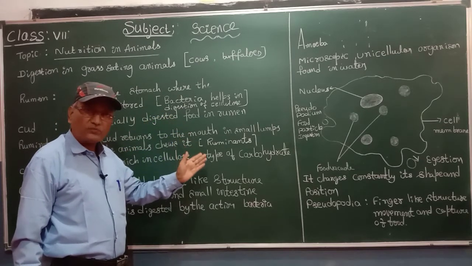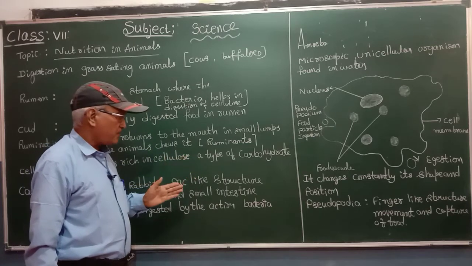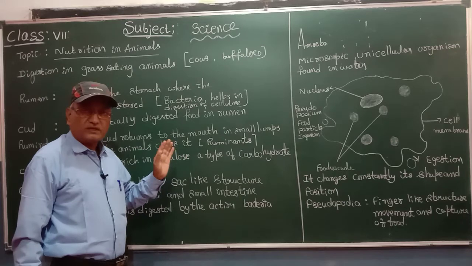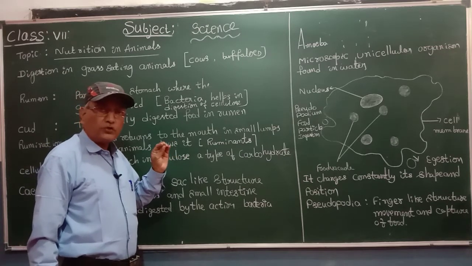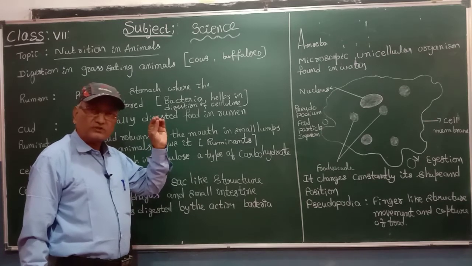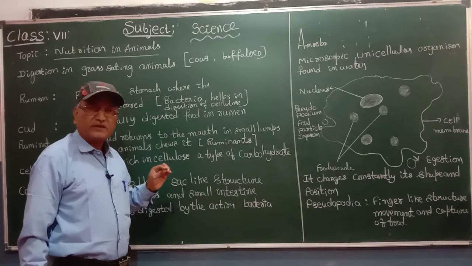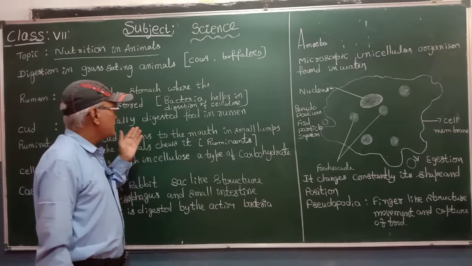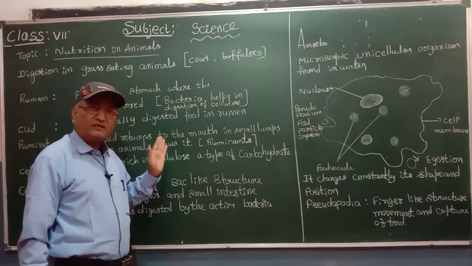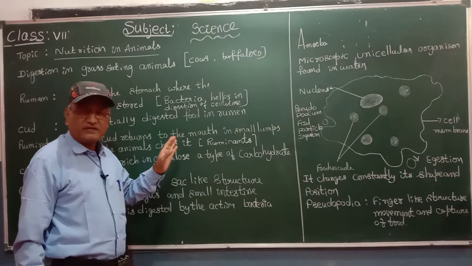Now next, we have studied in the previous part the digestive system in human beings, 6 different compartments. All those things I have explained in detail. You understood. The human digestive system has 6 compartments. At the same time, in the case of animals also some compartments are there, but the process is different.